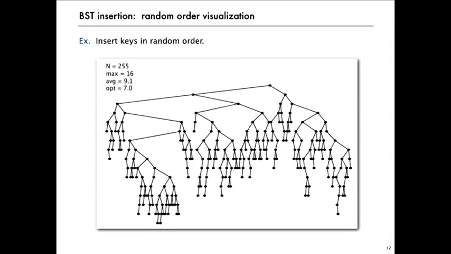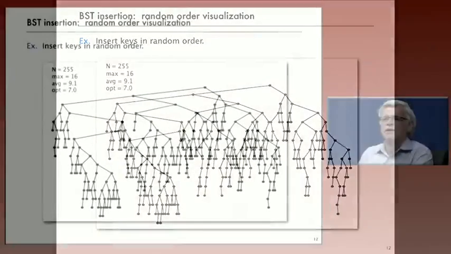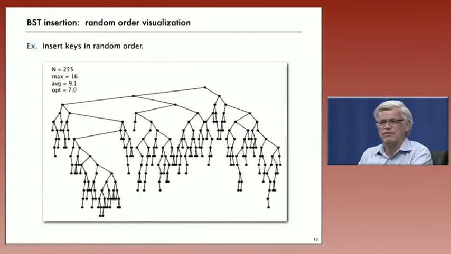In this case, the maximum distance from the top to the bottom is 16. The average is only 9. And the best you could do in a perfectly balanced tree would be 7. So it's pretty well balanced, which means that our search and insert costs in this case, for 255 keys, are only going to be 16, quite a bit less.